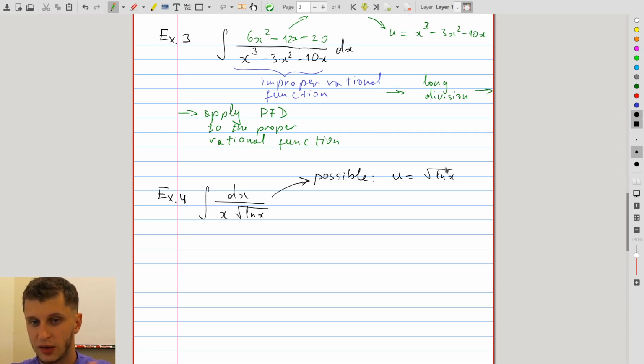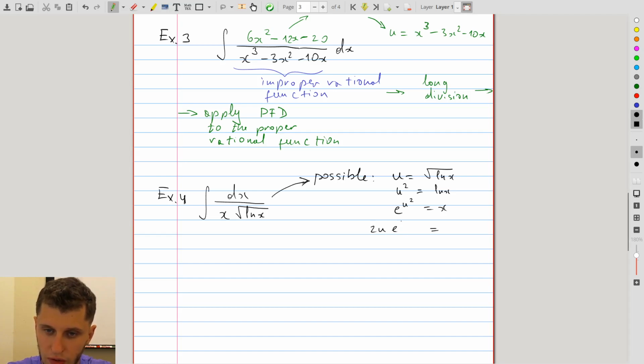So this is the strategy, you know, may or may not work, but in this case, this approach actually works, and by using this substitution, in order to express dx through du, you would say u squared equals log x, and that e to the u squared equals x. And as a result, 2u e to the u squared du equals dx.